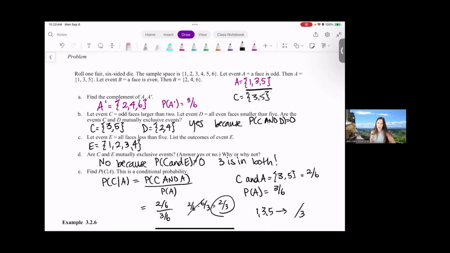Of those 3, how many are in C? 2, which is 2/3. So using the formula and calculating it with fractions is the same as looking at the condition and determining out of the total in the condition how many actually meet the and.